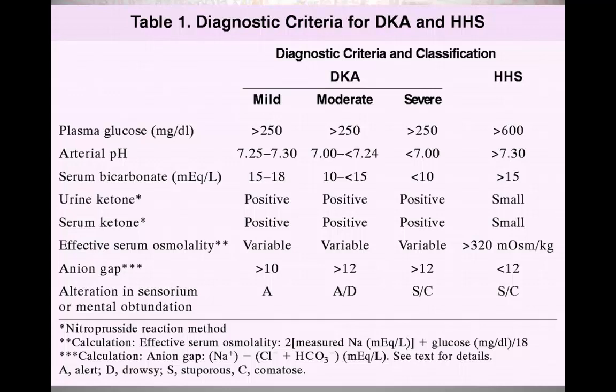Patients would also have extreme dehydration. They would have hyperosmolar plasma concentration or increased levels of osmolality. They could also have altered level of consciousness. But what happens here? It's mainly again a complication of type 2, but it does develop after a period of symptomatic hyperglycemia.